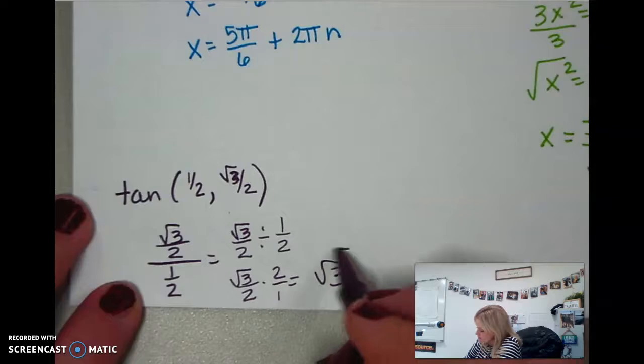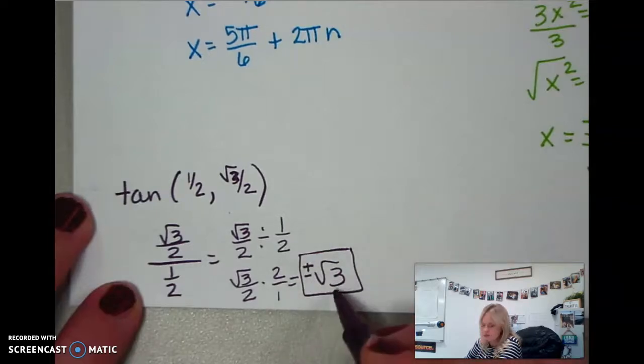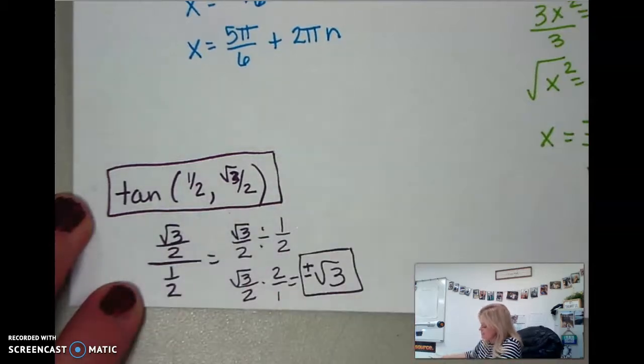So if our answer is just looking for any form of positive or negative square root of 3, this is the x and the y value that you are going to use, looking for that combination.